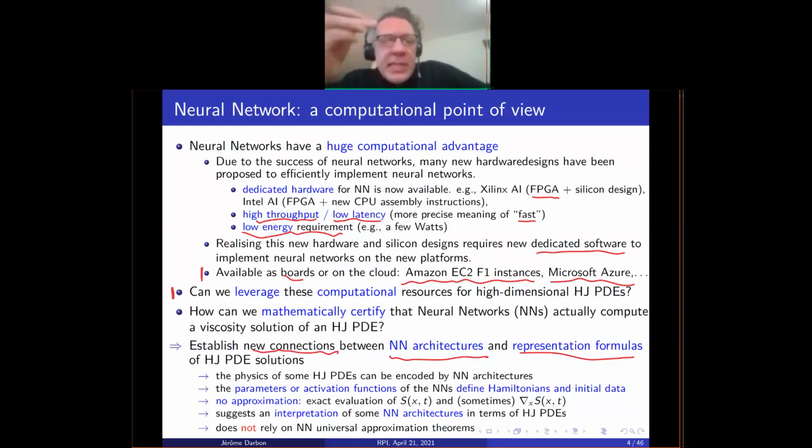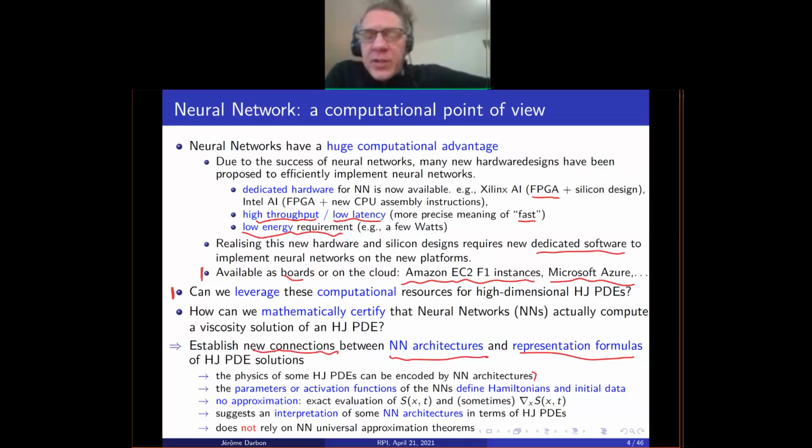Once you have this result, it sheds some light on some of the physics associated with the Hamilton-Jacobi PDE that can be actually encoded or hardwired in the neural network architecture. And we shall see that the parameters of the neural networks and the activation functions define both the Hamiltonians and the initial data. So there is no approximation, because these neural network architectures compute exactly the solution of the Hamilton-Jacobi PDE.